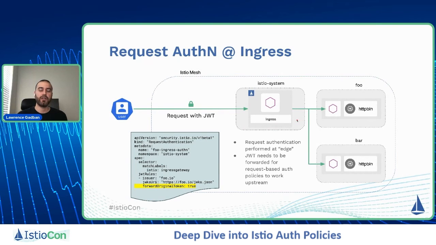But if it's allowed, then it can be forwarded to the upstream services within the mesh. It's worth calling out that if you want to perform additional JWT-based logic, whether that's writing authorization policies based on the JWT, or if your applications themselves rely on the JWT because you have actual security features built into your application, you want to forward on that token.